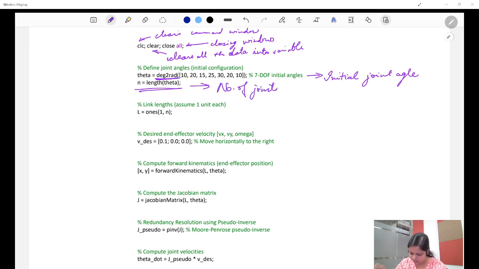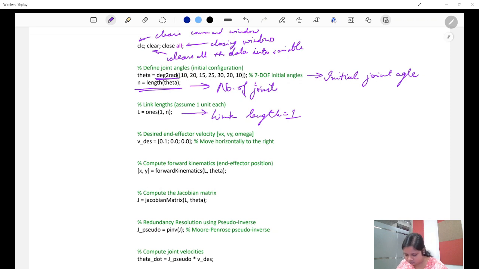Then the link length is ones(n). In MATLAB I want the link length to be 1 and it should be n-dimensional. So we assume link length to be 1.